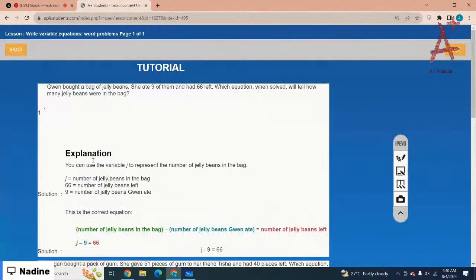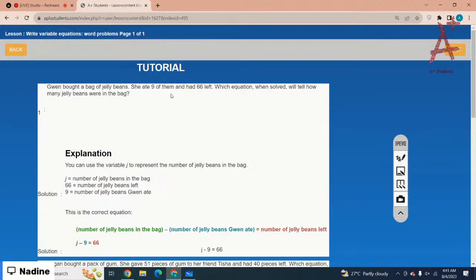Okay, Kevin bought a bag of jelly beans. She ate 9 of them and had left 66. Which equation, when solved, will tell how many jelly beans were in the bag? Right? So, you don't know the total number of jellies in the bag. She just ate 9, and after eating 9, she's left with 66.